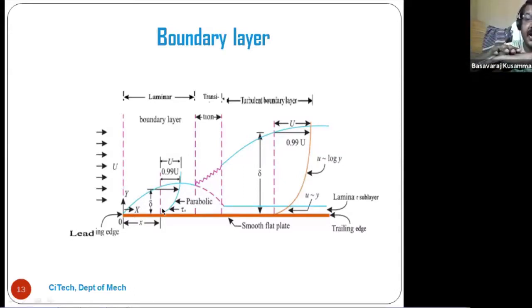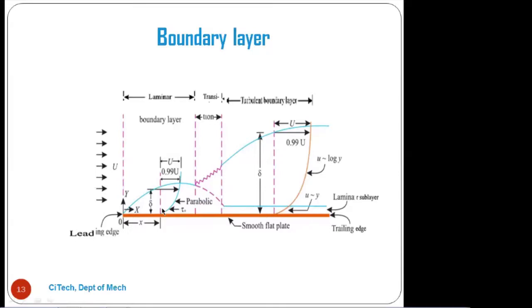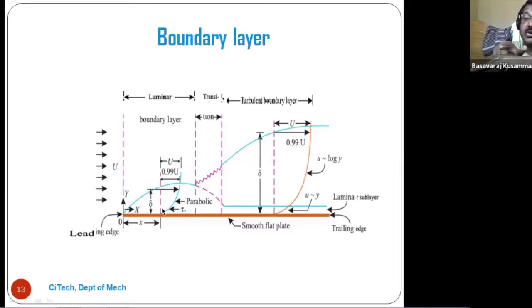Using this boundary layer, we can tell where laminar flow occurs, where turbulent flow occurs, and what the velocity of the fluid flow is. So for analyzing the effect of external forces on the aeroplane body, the concept of the boundary layer is very, very important.